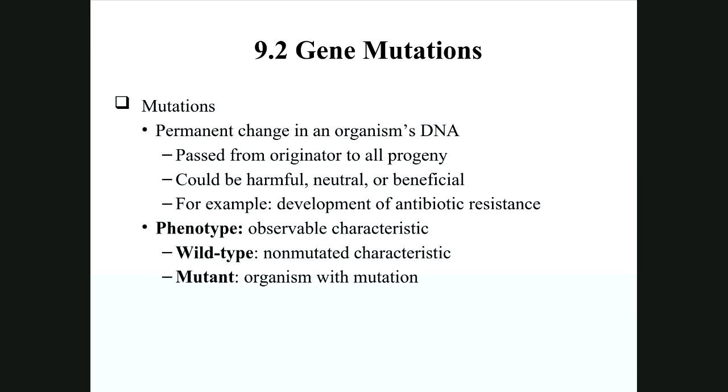If we're talking about an individual bacteria, then that one bacteria can have a mutation, and then it's going to be passed on to all of its future progeny, which means when that one cell divides into two, the DNA is going to be replicated through that process we talked about last time, and then that same loop of DNA will be in each of the resulting bacteria. So if one bacteria has it, then when it divides in half, both of those bacteria are going to have the mutation as well.